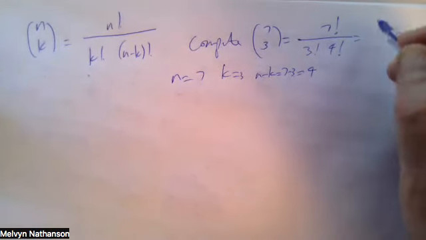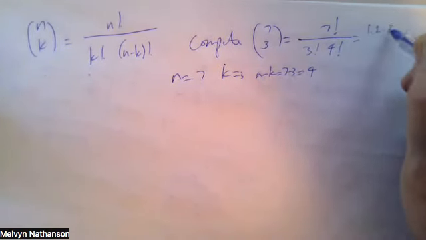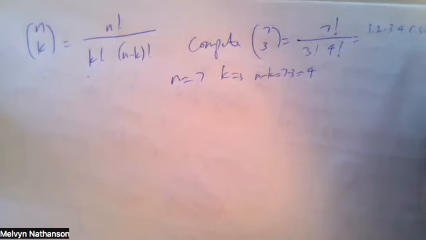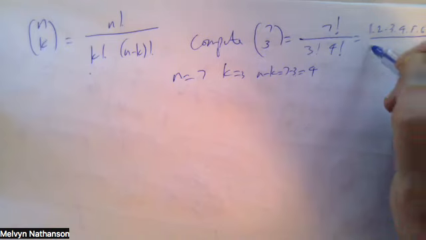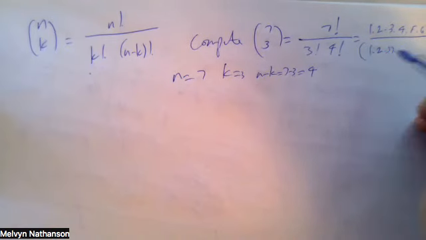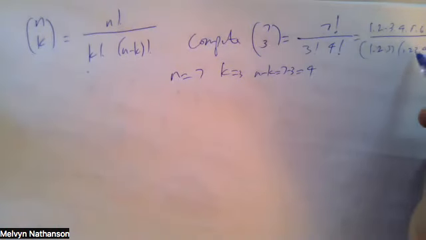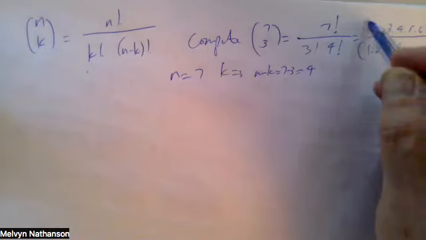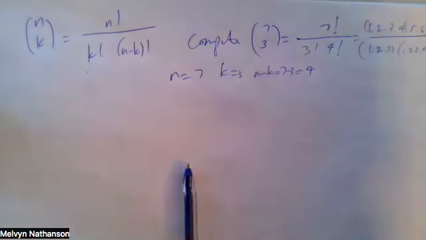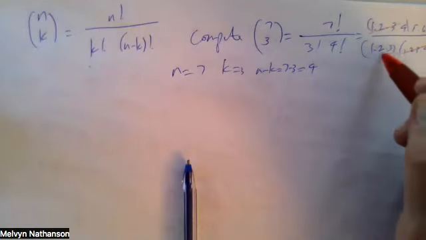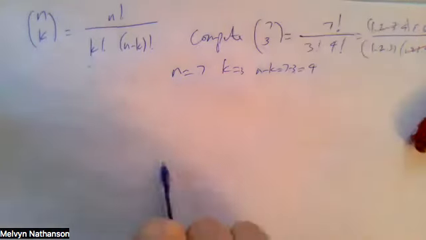Let's see. 7 factorial is 1 times 2 times 3 times 4 times 5 times 6 times 7 over 3 factorial times 4 factorial. So 1 times 2 times 3 times 4 in the denominator cancels out the 1 times 2 times 3 times 4 in the numerator. 2 times 3 is 6.